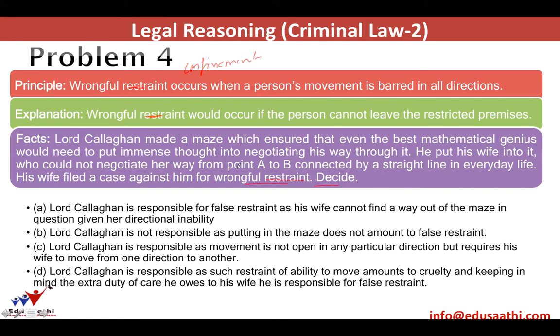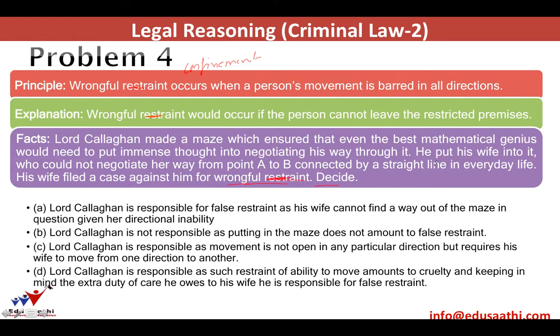In this case, the person has filed a case of wrongful confinement. We'll stick to wrongful confinement because the definition is for wrongful confinement and not wrongful restraint, and we'll decide accordingly whether it's a wrongful confinement or not. Option A: Lord Callaghan is responsible for false restraint of his wife, who cannot find a way out of the maze given her directional inability.